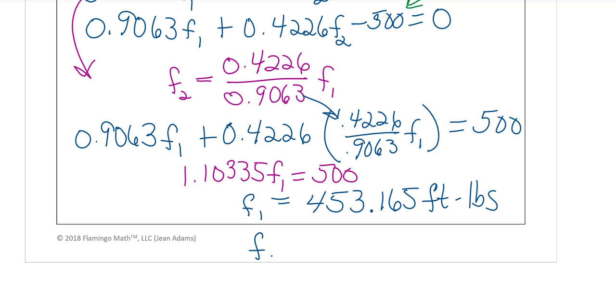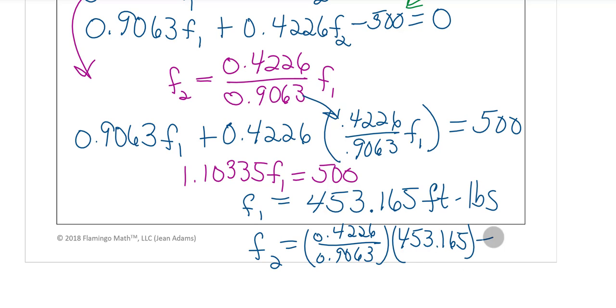And then I can go back and substitute it in my fraction and get F2. So I'll have 0.4226 over 0.9063 times my 453.165. And I get that F2 is 211.306 foot-pounds.